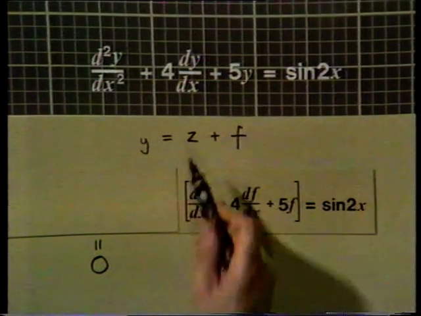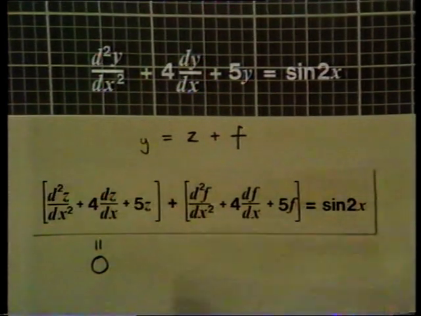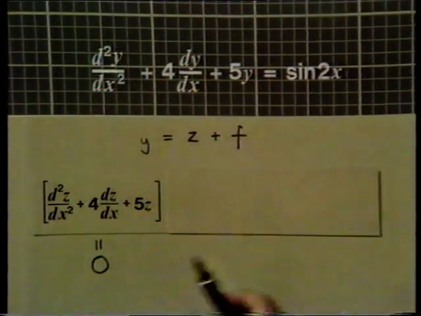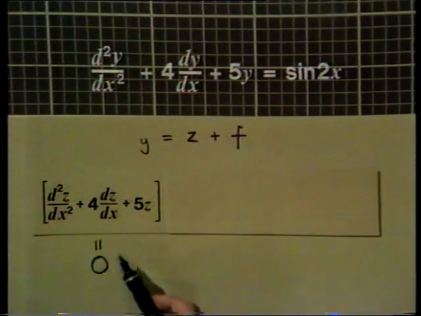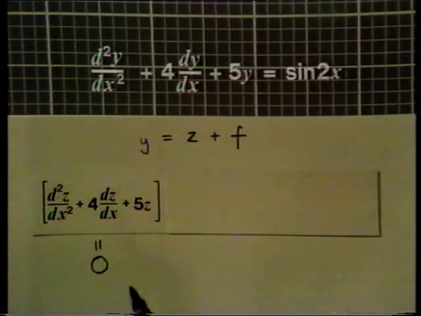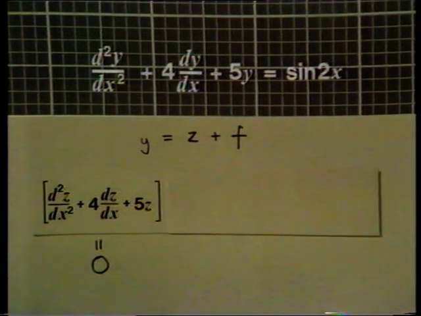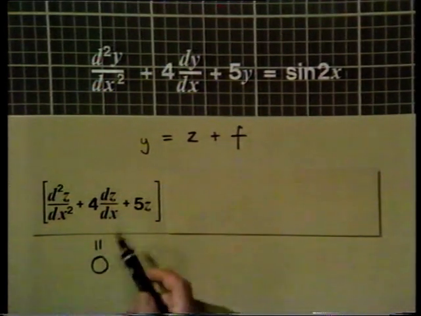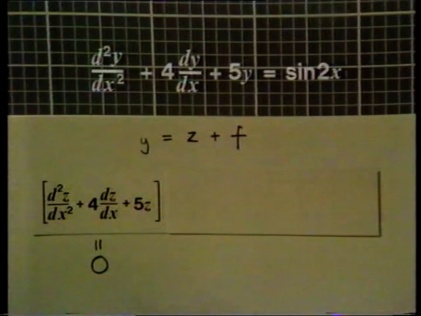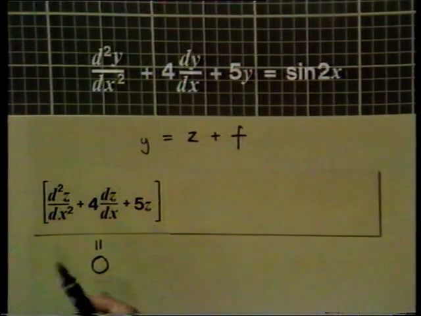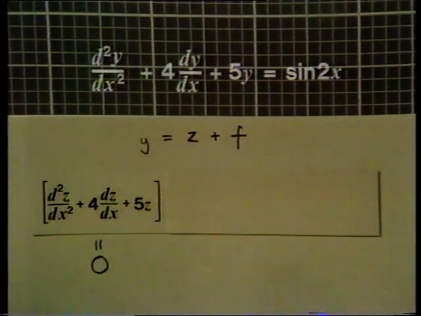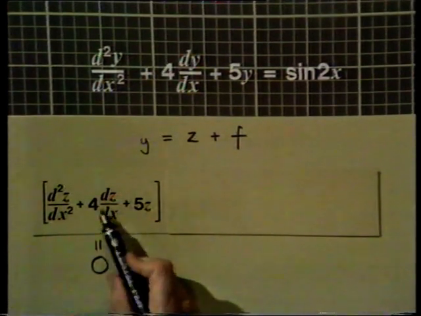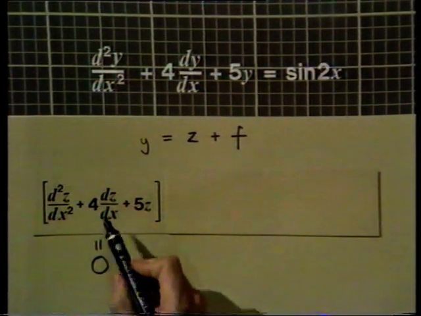But what about z? Well, z satisfies this equation. And we know about the solutions to equations like these. This is a homogeneous equation, so its solution is either a pure exponential or it's a sinusoid times an exponential. And which it is depends on the values of these two terms.